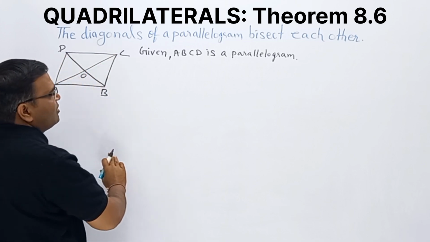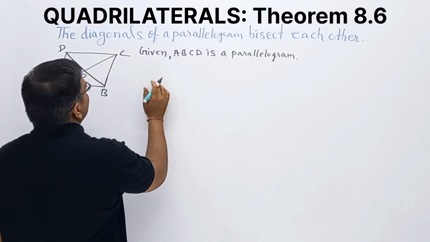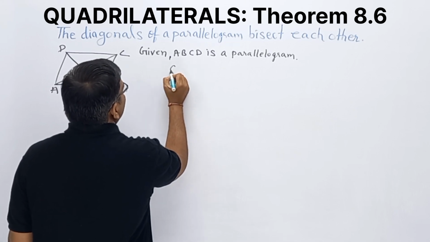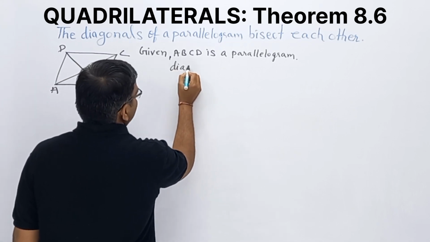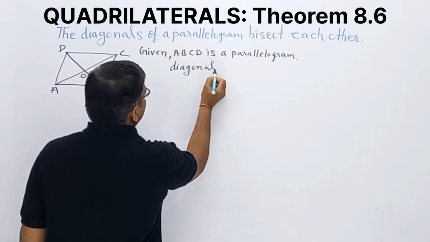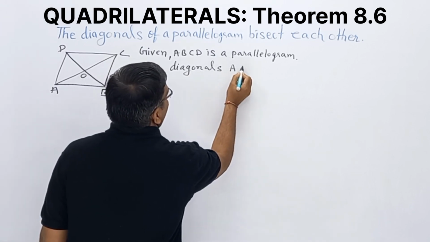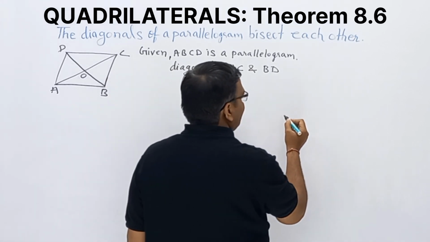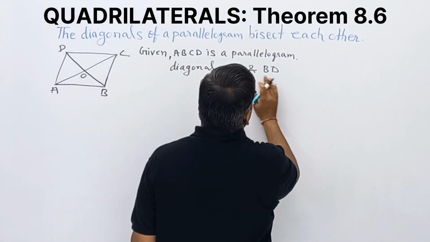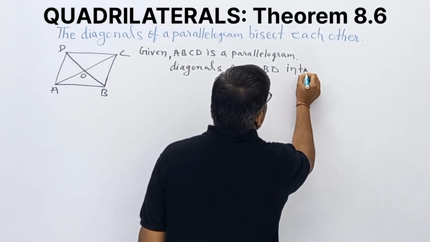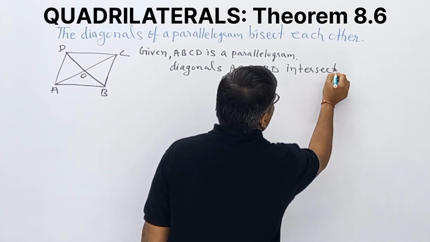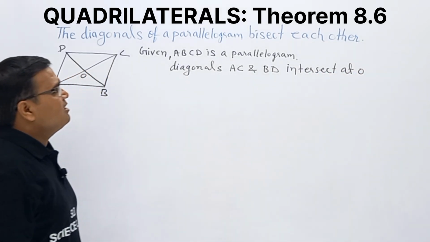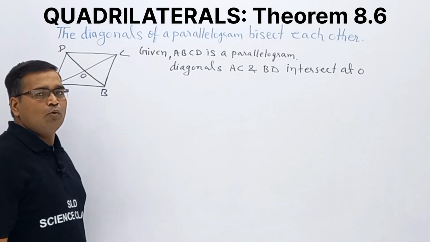Another thing we have: diagonals AC and BD intersect at O.